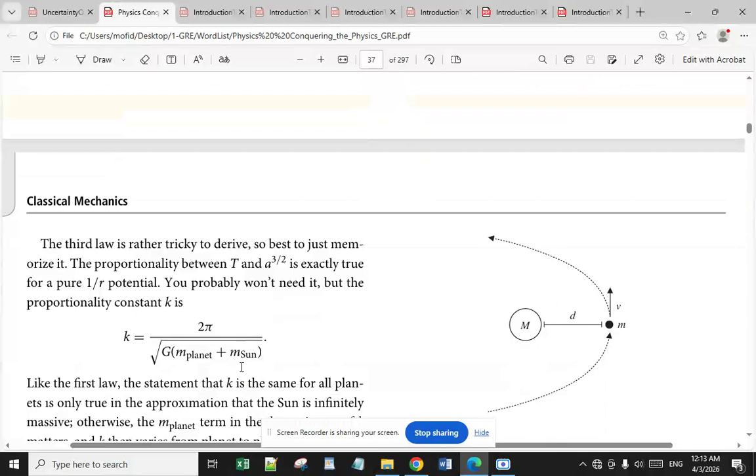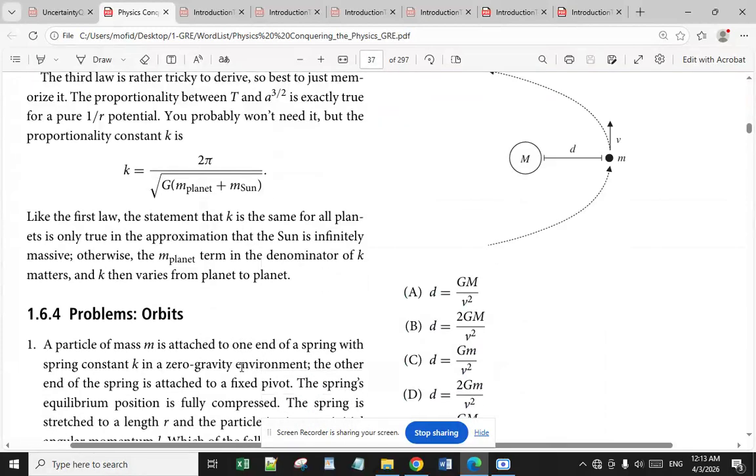The third law is rather tricky to draw, so best to just memorize it. The proportionality between T and R to the power of 3/2 is exact for a pure 1/r potential. You probably will not need it, but the proportionality constant χ is 2π divided by the square root of G times (m planet plus m Sun).